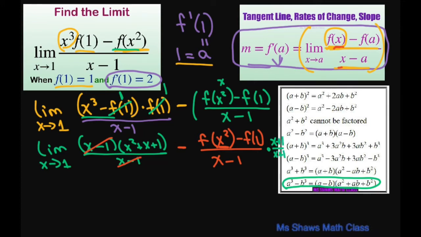Now if I do that, what's going to happen is you're going to have the limit as x approaches 1. This is going to be x squared plus x plus 1.